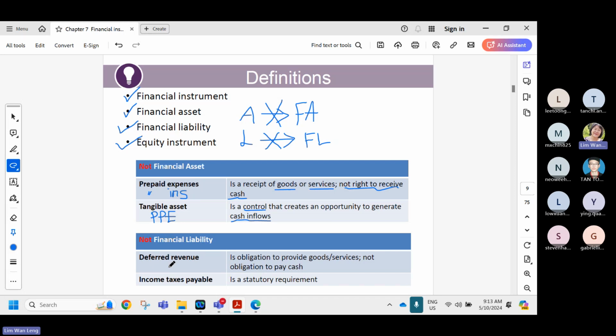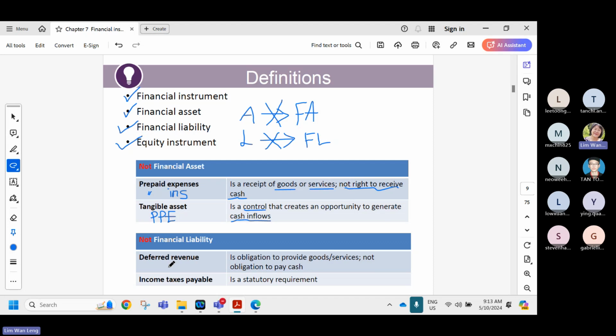So someone pays you ahead, and then you say that today I cannot provide you the services. So of course you debit your cash, but you can't credit your revenue. So this is part of your unearned revenue.